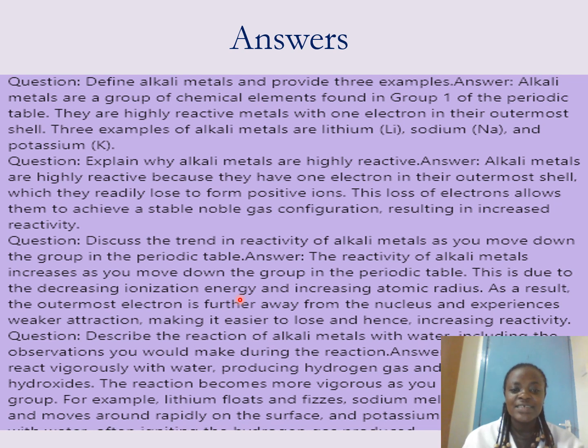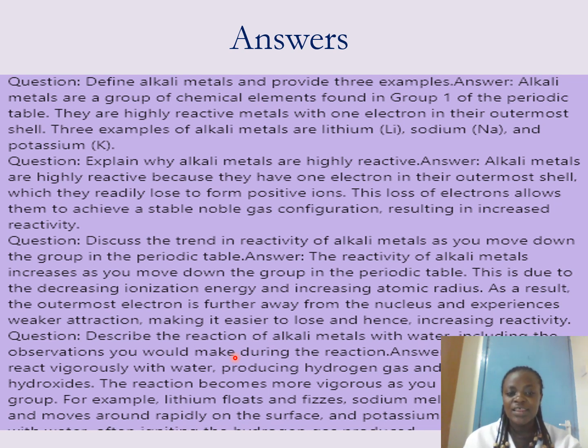Question 3: discuss the trend in reactivity of alkali metals as you move down the group in the periodic table. The reactivity of alkali metals, we saw, increases as you move down the group. This is because of the decrease in ionization energy, or the decrease in energy required to remove that 1 electron from the outermost energy level, and also the increase in atomic size.